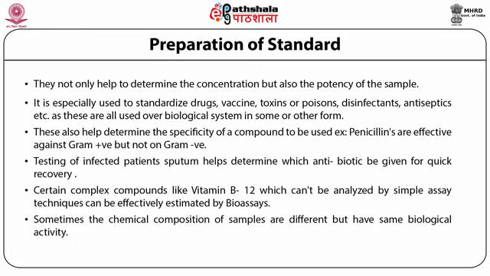In that case also, the biological assay is essential. For samples where no other methods of assay are available, we can use biological assay procedures for quantitative or qualitative analysis of the samples.